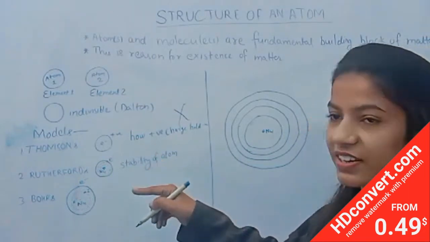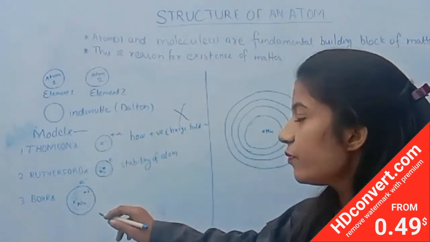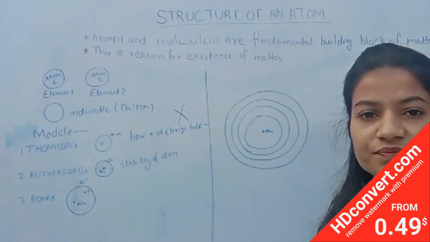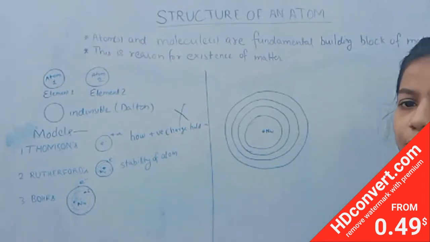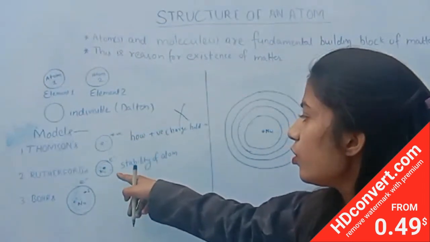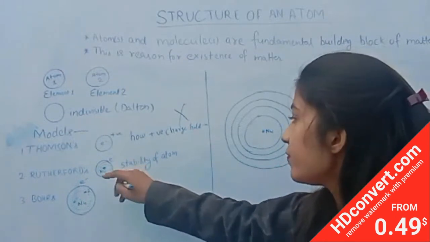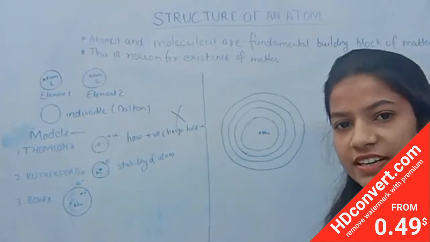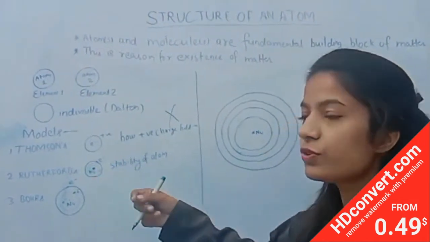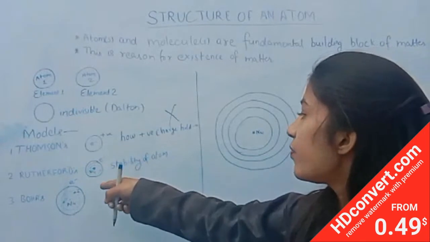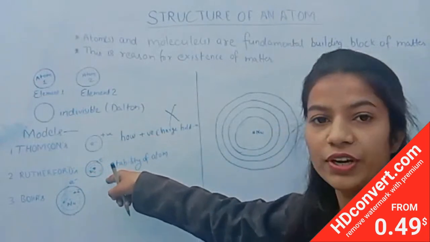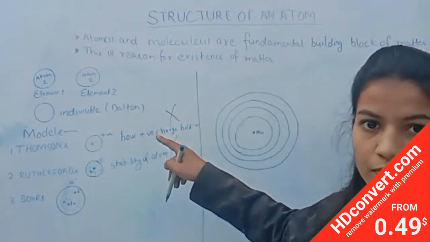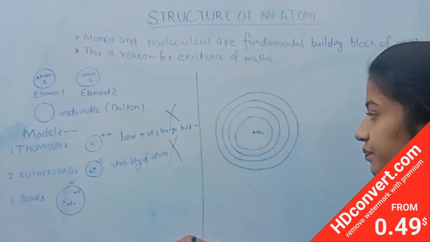Then the question arises again: if electrons revolve around a nucleus, then according to the rule of energy, there is no conservation of energy, because if an electron is revolving, then after some time it will lose its energy, come close to the nucleus, and finally fall into the nucleus, and then the atom will vanish. Means Rutherford's model also gets over.